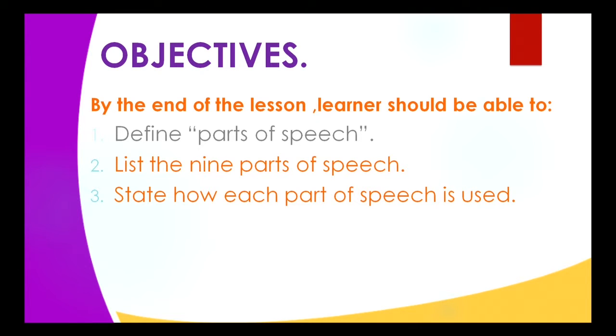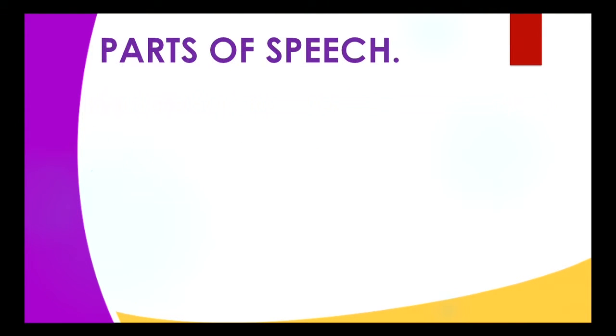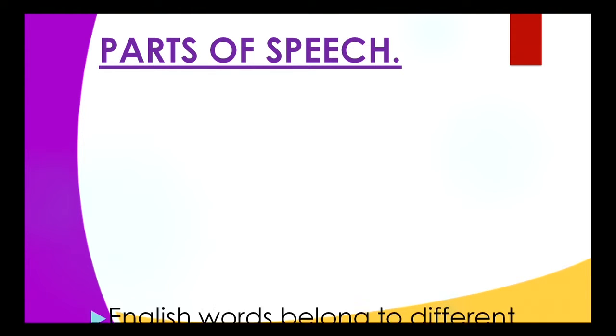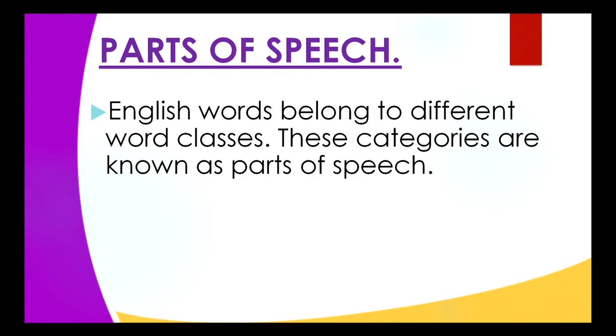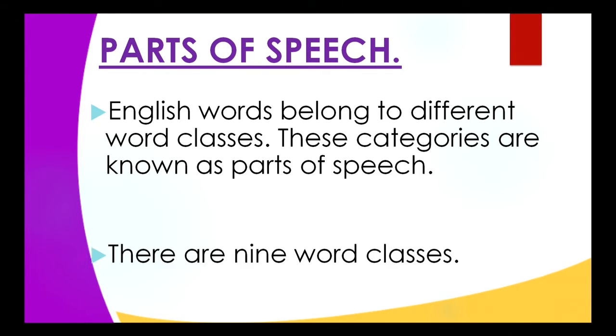Let's start by finding out what part of speech is. In English, we have various words, and these words are classified or belong to different word classes. These classes are what we call parts of speech.